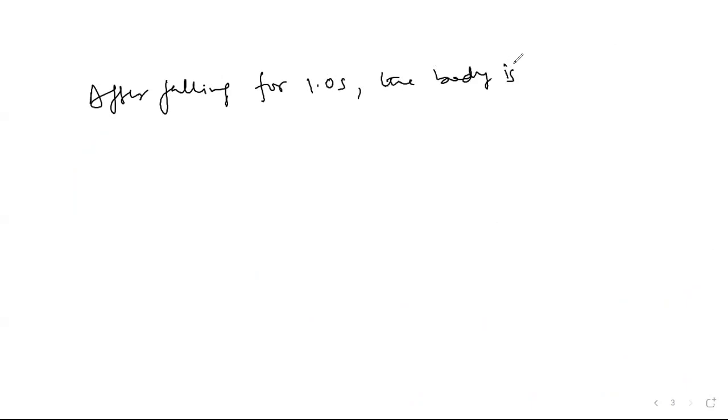Now that means after falling for 1 second, the body is 4.9 meter below. Why below? Because y is negative.